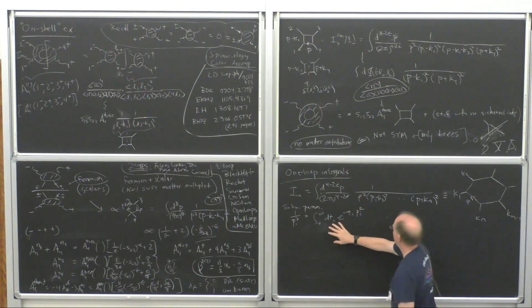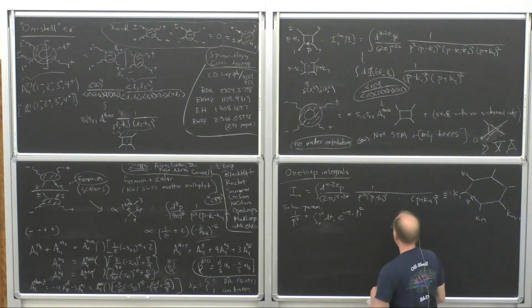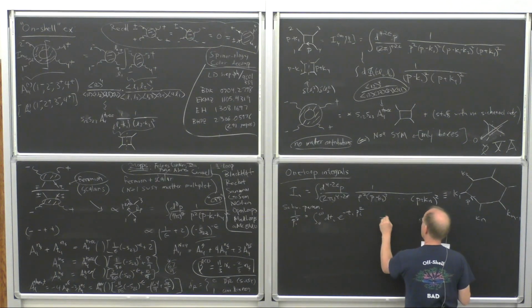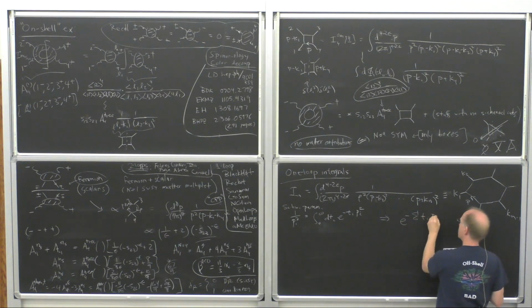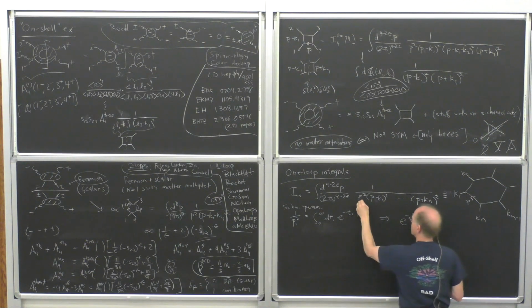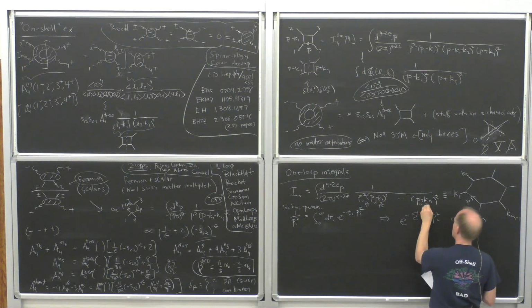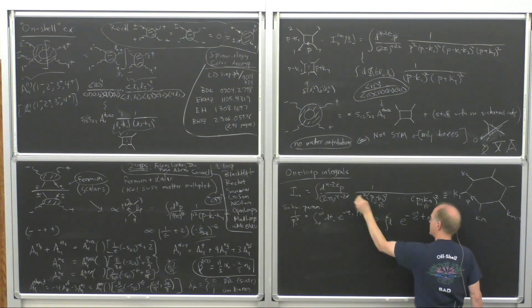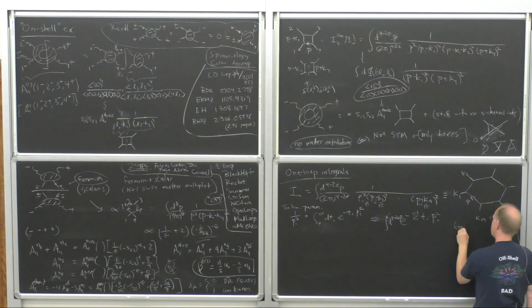If we replace all of these propagators with this, we'll get a term that goes like e to the minus the sum of the t_i times the p_i squared, where this is p1 squared, p2 squared, p3 squared. And then there's an integral over d^(4-2ε)p. So this is a Gaussian integral.